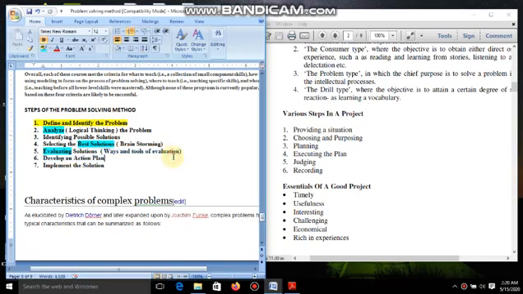Interestingly, here you have to remember that in a constructivist classroom, in a cognitivist classroom, and in a behavioristic classroom, all the same steps of the problem solving method can be implemented.